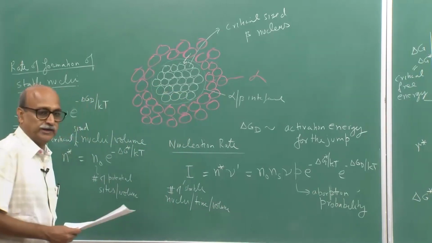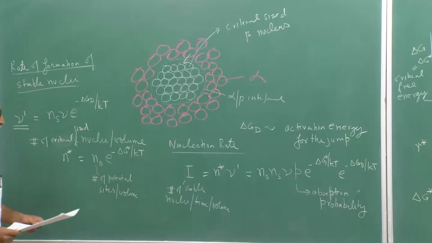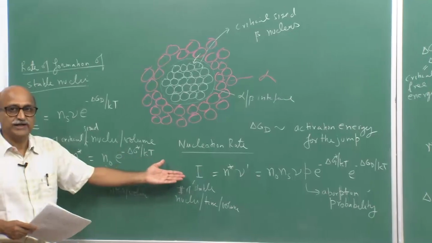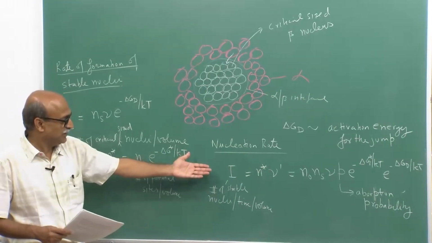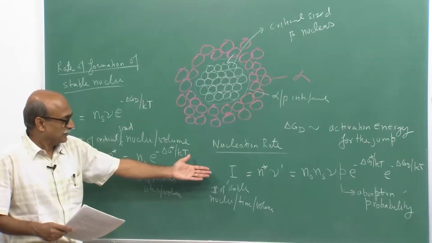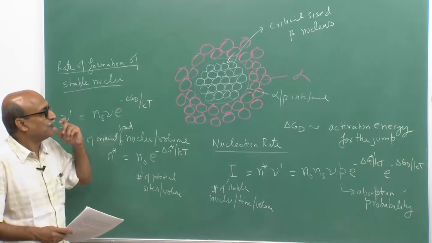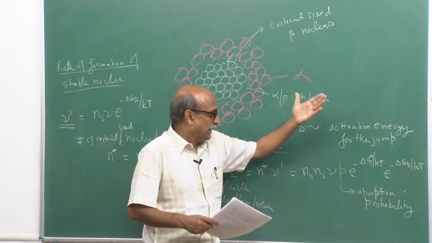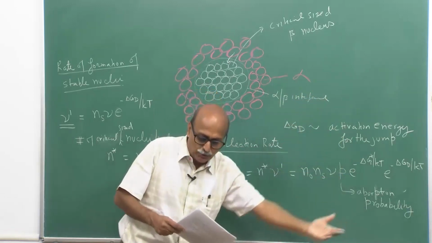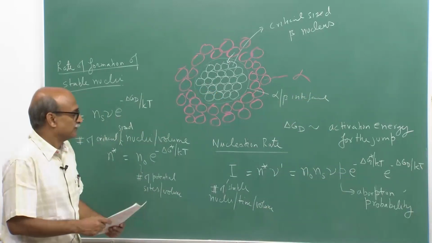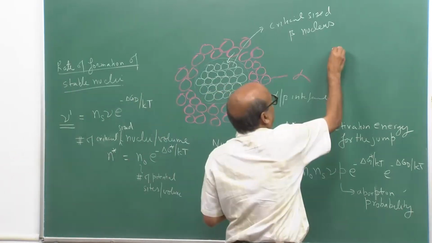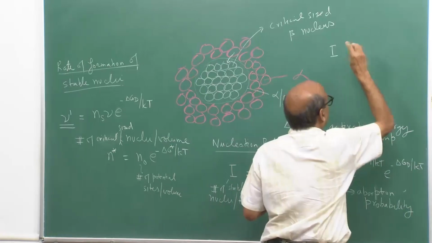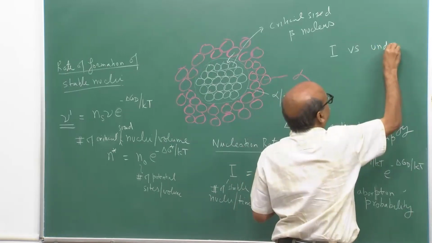Now, in the next lecture, we will briefly analyze the nucleation rate in terms of temperature, how it varies with temperature below the transformation temperature, how I varies as a function of undercooling.